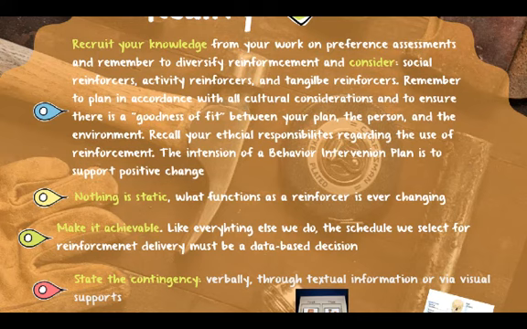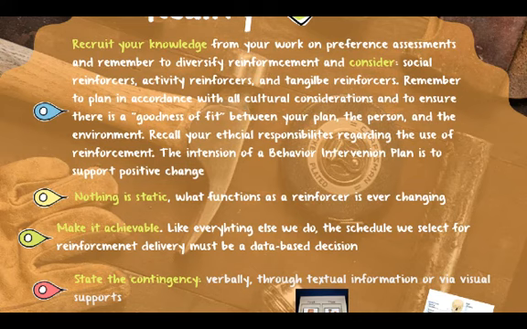What you find that functions as a reinforcer on one day or within one week or during one month may be completely different as time moves on. So we know that about the individuals that we're serving too. So the solution is to constantly do new preference assessments and reinforcer assessments, and to touch base and verify what is functioning as a potential reinforcer, an actual reinforcer, and we're doing that dynamically.